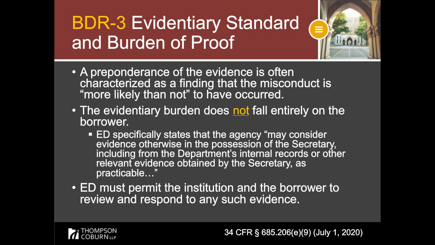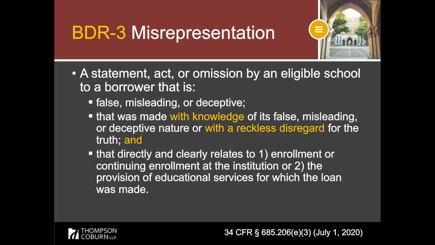What is the definition of misrepresentation? It's not, in this case, the definition that exists elsewhere in federal law. We've got a new definition of misrepresentation to be used specifically in the BDR-3 adjudication context.